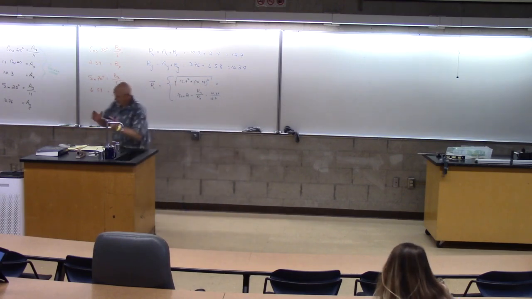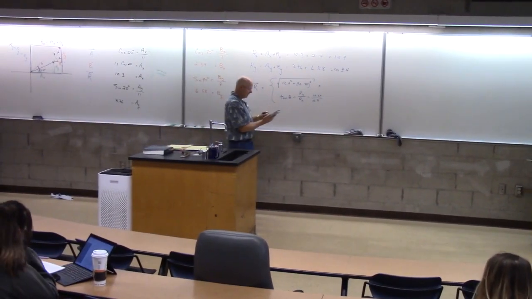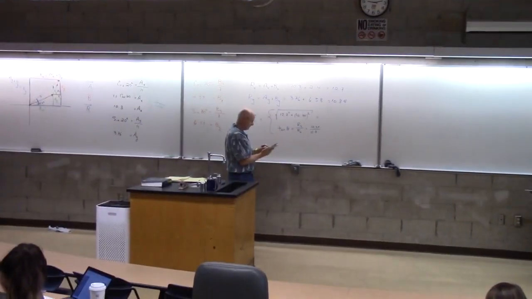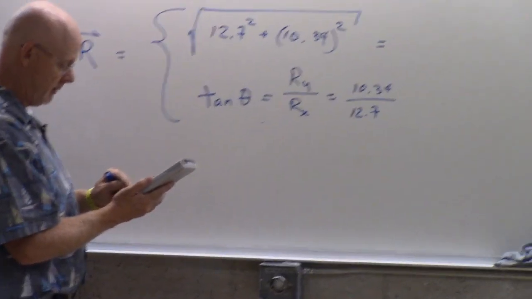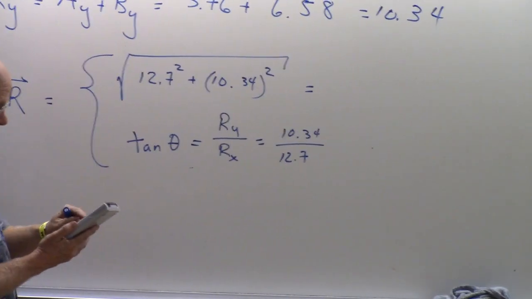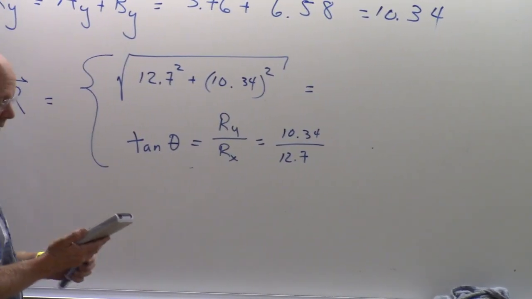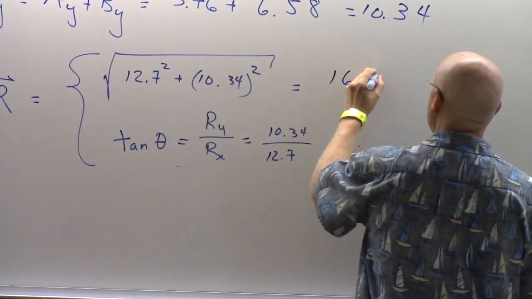Okay, so finally I can get to what I want to know, which is how long is this? All right, so this is 12.7 squared plus 10.34 squared. I'll just go enter, and square root of all of those. And I get a total distance of 16.4.